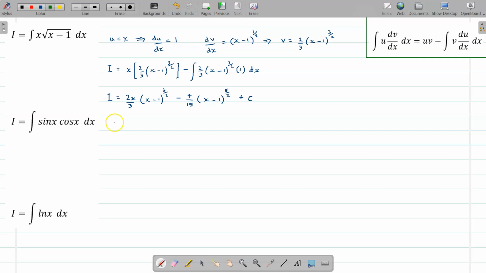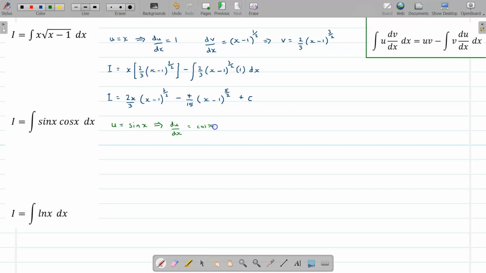So I'm going to say let u equal sine x, which means that du by dx is cos x.